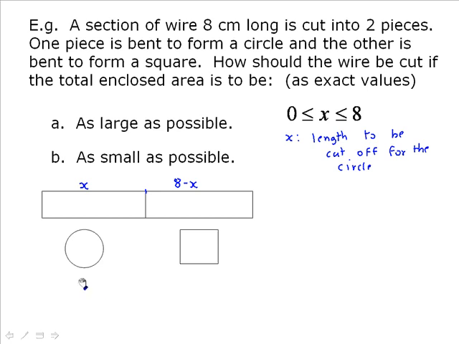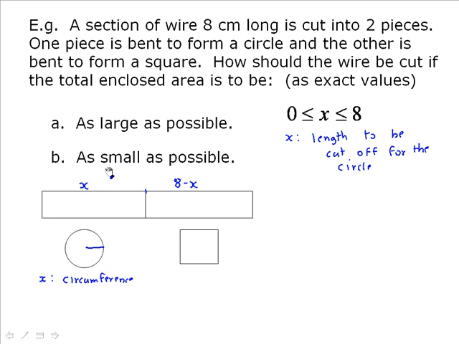Now the implications of that, because we're dealing with area, are that when we look at the circle, you've got to recognize that x represents, in addition to the length to be cut off for the circle, the circumference of the circle. Where I'm going with this is that I want to maximize or minimize the area, and these questions are done as one question, and we answer both with our answers.